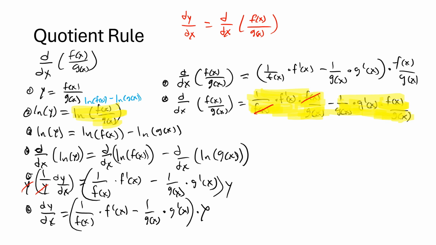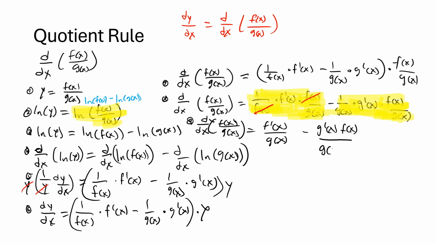So what I'm going to do is just rewrite this, step 9. d/dx of f of x over g of x equals f prime of x over g of x minus g prime of x f of x over g of x squared.